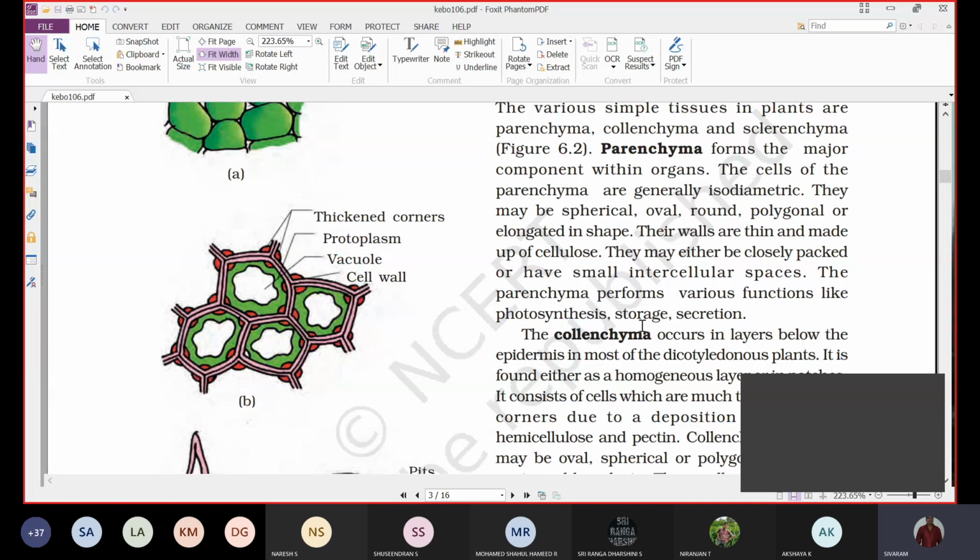And one thing you have to remember: in plants, we find both living as well as dead tissues. That means we'll find both living cells as well as dead cells. A plant body consists of both living cells and dead cells. Both have equal importance.